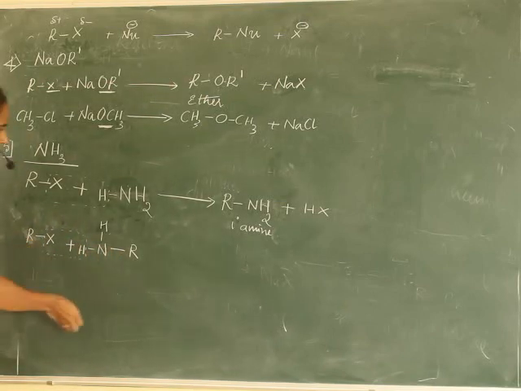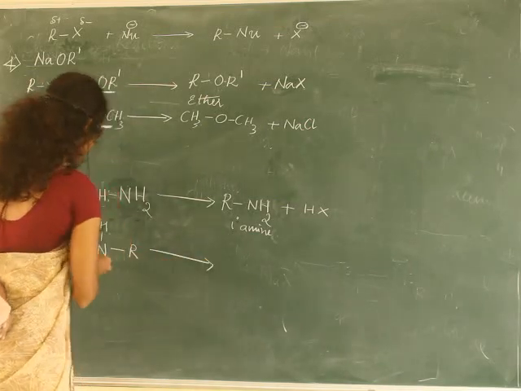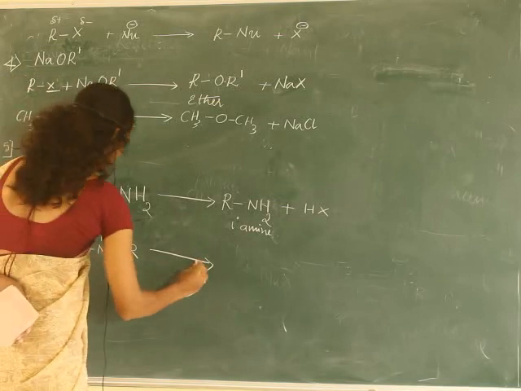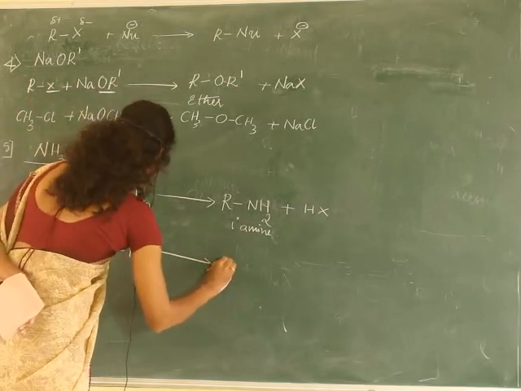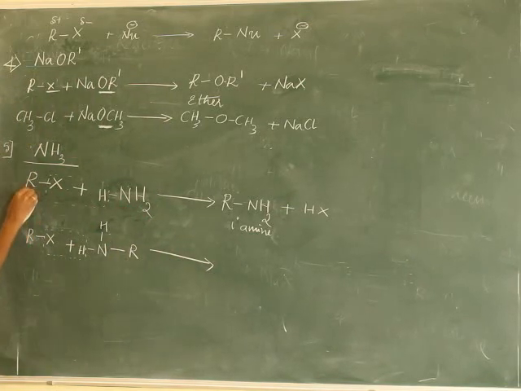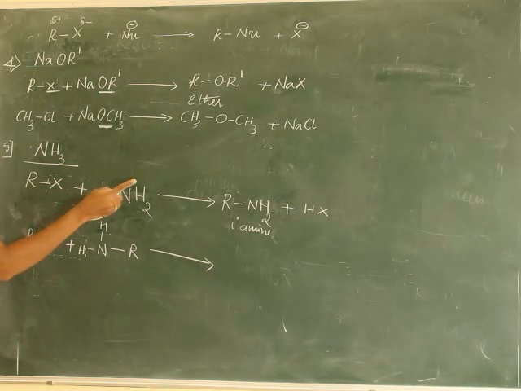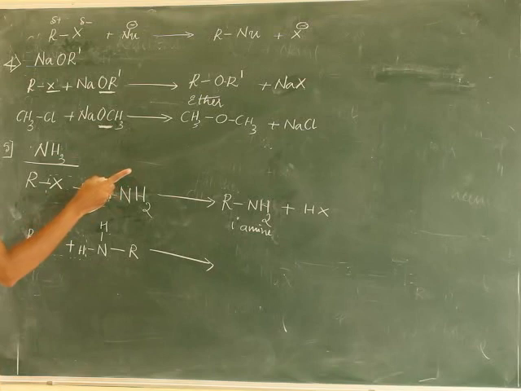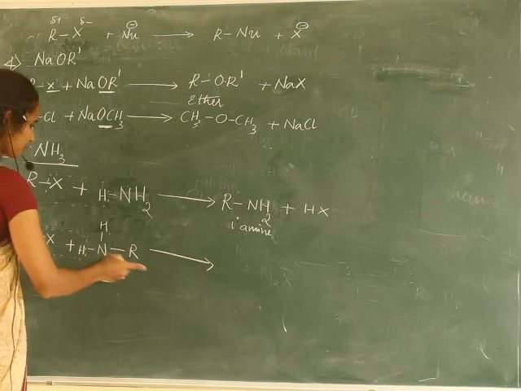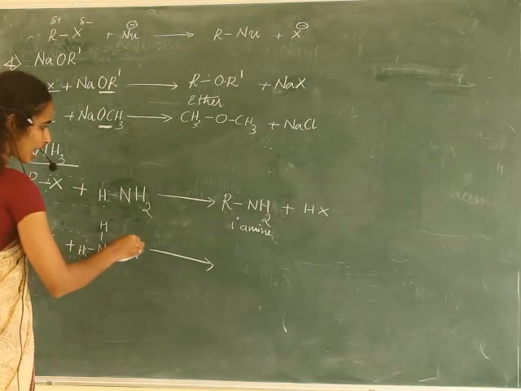Now the product formed is, between nitrogen and the alkyl group, a bond takes place. That is, I will take here RX plus RNH2, and here RX and NHR, okay, or else you can take it as R dash.